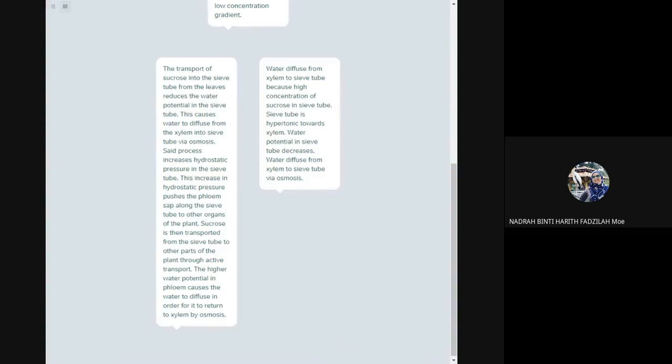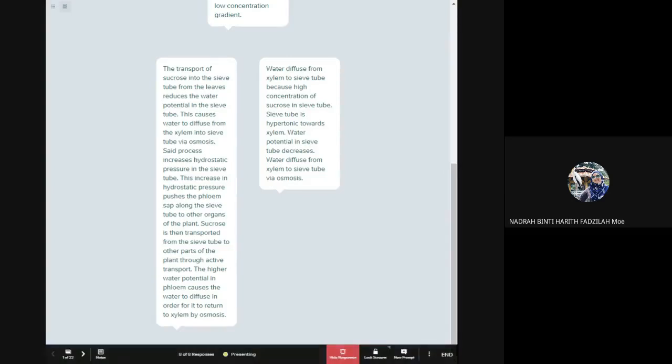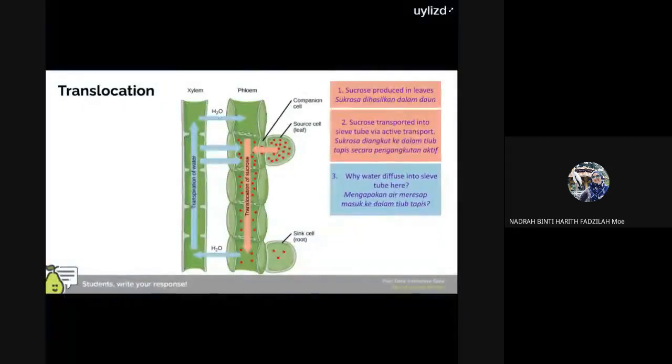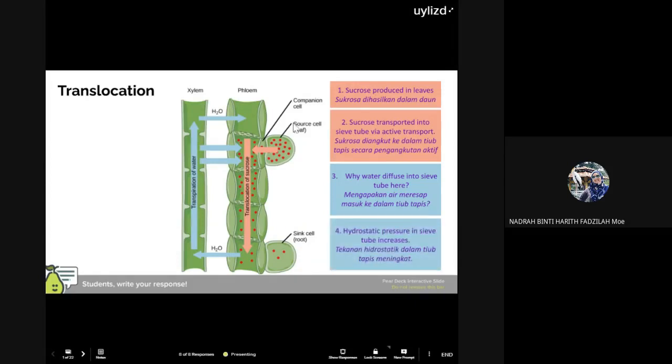Sekejap ya. Tak apa, betul juga tulis kat sini. No worries, boleh juga. Okay, sekejap saya screenshot satu sampel nanti dalam Telegram. Alright. So, macam Zamani sebut tadi dan jawapan kamu, hydrostatic pressure in sieve tube increases.